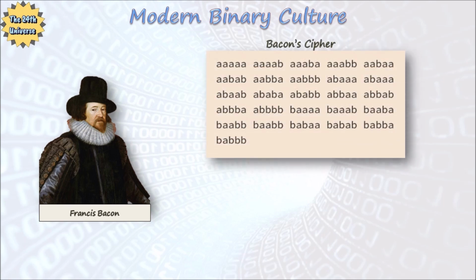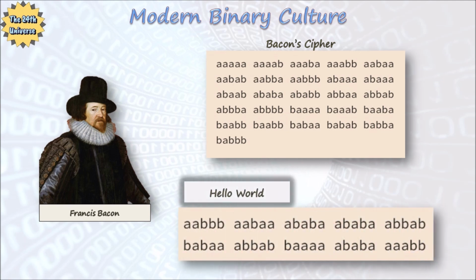This cipher uses 5-character sequences of 2 letters, A and B, to encode all the letters of the alphabet. A is encoded as AAAAA, B is encoded as AAAAB, and so on. Hello World would be represented in Bacon's cipher as the following. This is called a binary encoding.